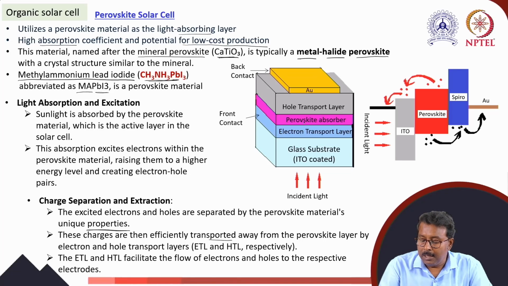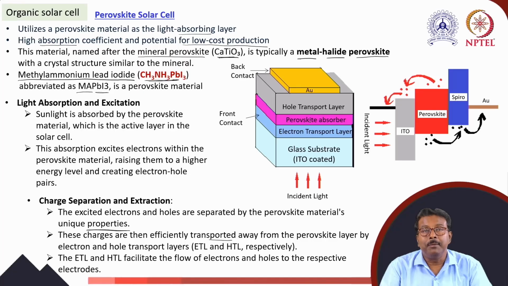The choice of thickness of the perovskite layer is another important parameter to study, because this is an organic material, so lots of defect centers are there. If you increase the thickness of the perovskite, it will create more and more electrons and holes, which is a chance of increasing the photocurrent.